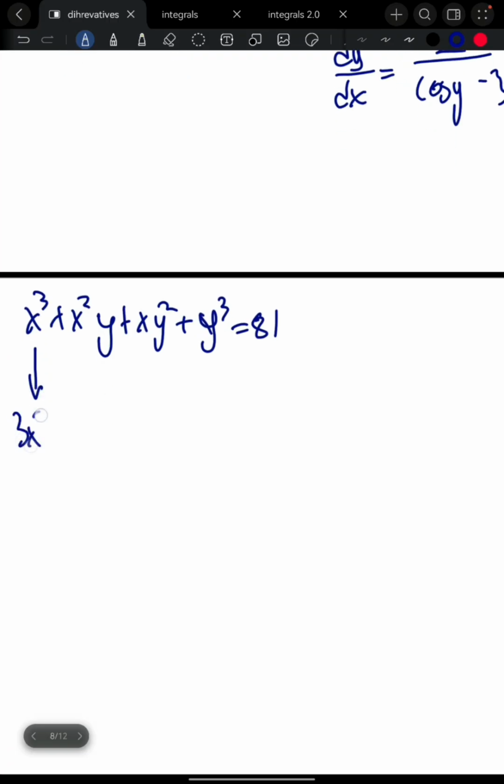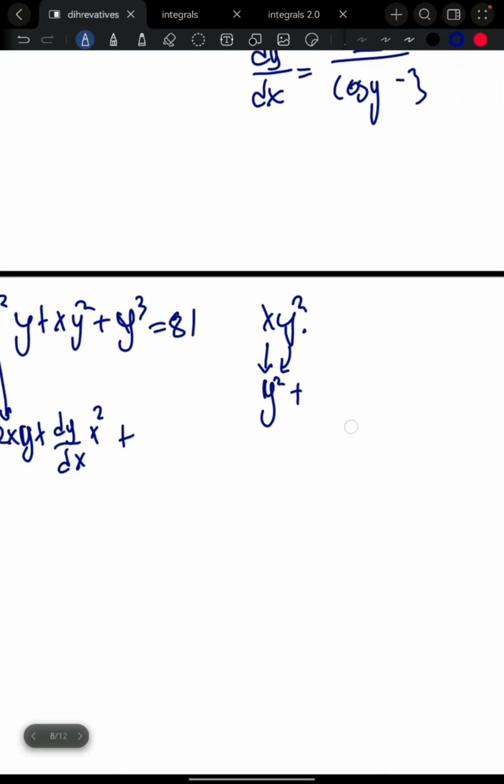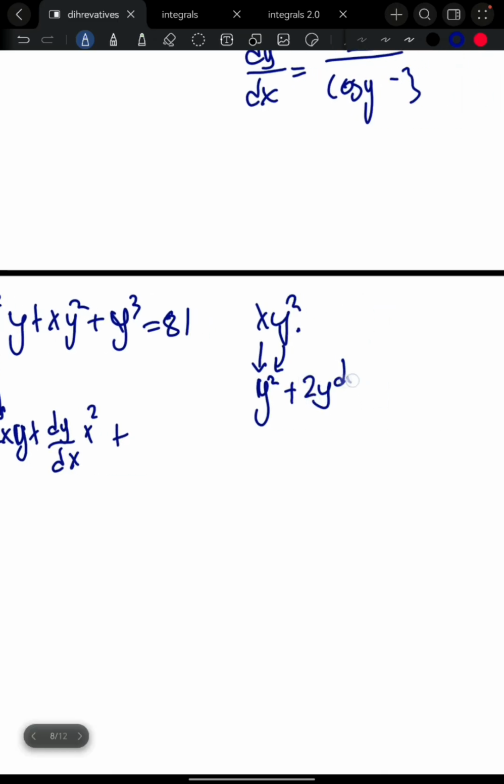Derivative of x cubed is 3x squared plus, we use the product rule, right? So it's just gonna be 2x times y plus dy by dx times x squared, plus x times y squared, right? How to find the derivative, just bring 1 times y squared, which is just y squared, plus the derivative of y squared, which is just 2y dy by dx, because you gotta multiply by the chain rule.